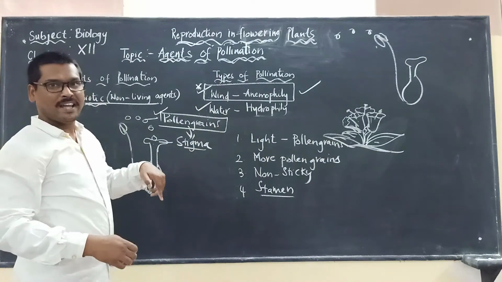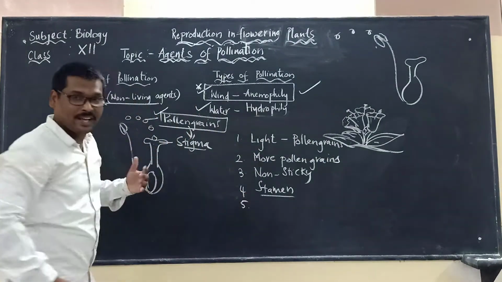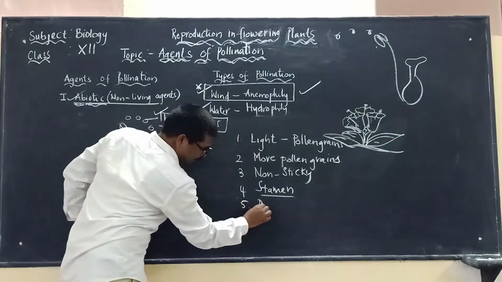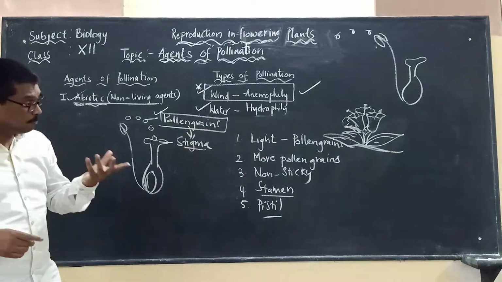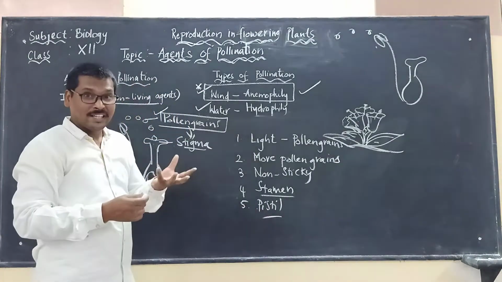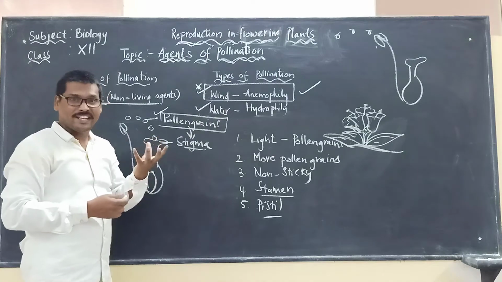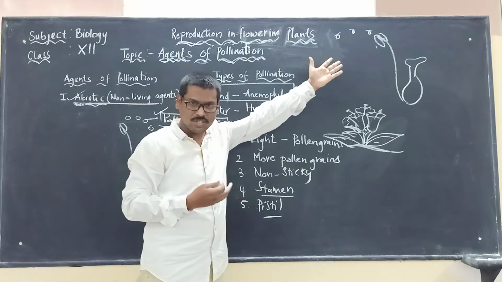At the same time, the other part, the pistil, will be large and feathery. Why is it large and feathery? So that it can collect the pollen grains which are falling from the anther, that is the stamen.